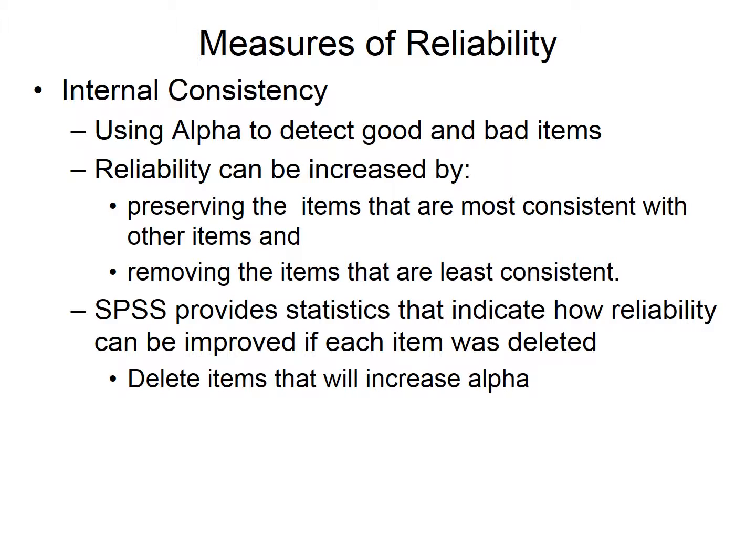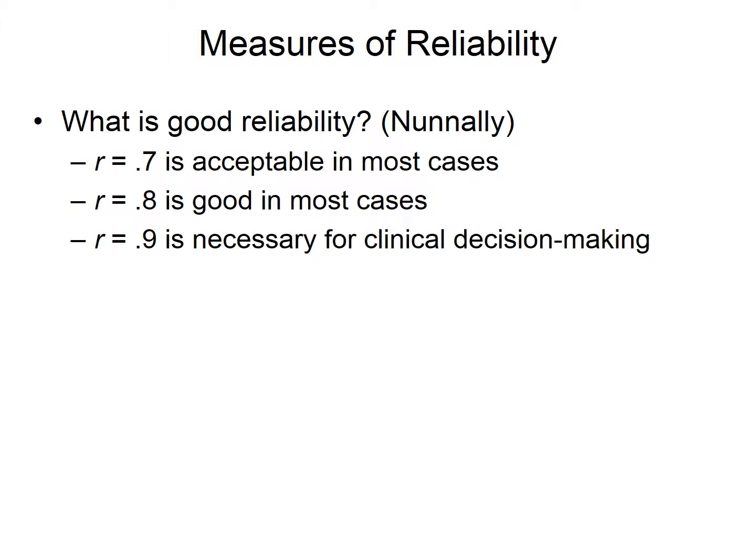The other neat thing about internal consistency using Cronbach's alpha is we also get information about which are the good items and which are the bad items, which means that if we don't have quite as much reliability as we want, we can isolate individual items to remove. And when SPSS runs this, as we did in the lab, we get a fairly nice readout that we can take a look at and see how well that represents what should be pulled out of the items.